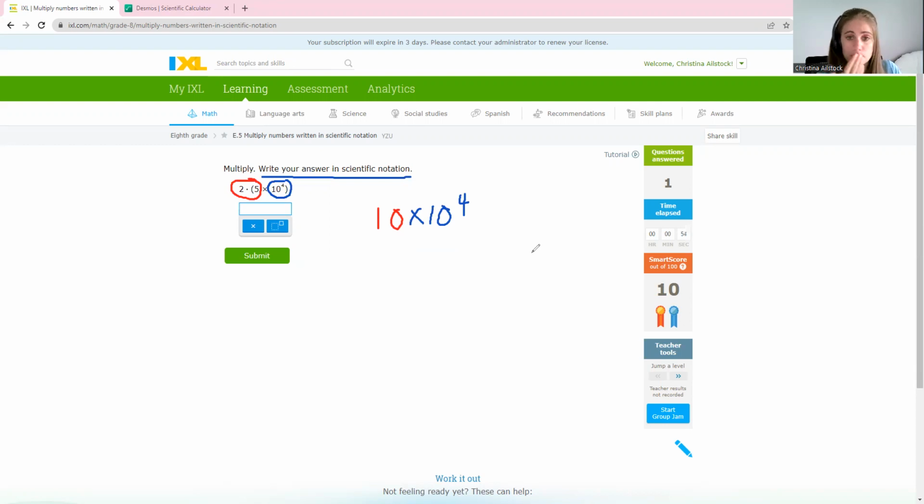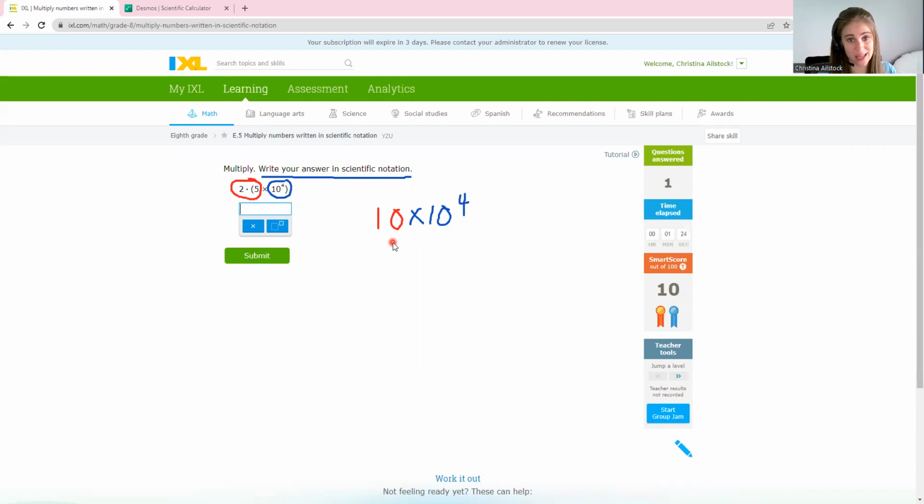But uh-oh, I see a problem here. Do you guys see a problem? That number is not really written in proper scientific notation. Because in order for something to be in proper scientific notation, our coefficient has to be a number that is less than 10.